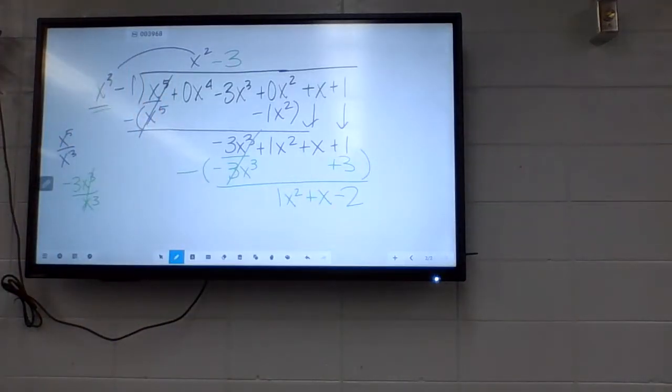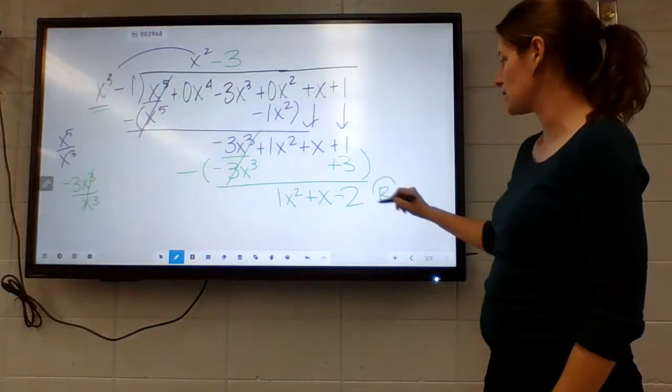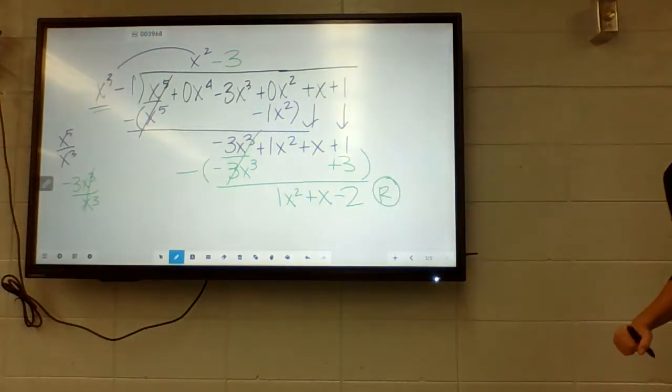Now I'm actually done because x to the third can't go into x squared. We'd end up with a negative exponent. So this is actually my remainder. So this is kind of an ugly one because the remainder is so huge. So this was number 4.